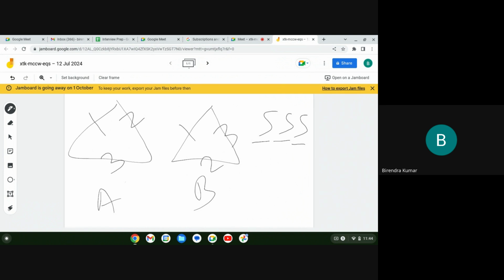If two triangles have matching pairs of sides, meaning one side in one triangle matches one side in another triangle, the second side in the first triangle matches another side in the second triangle, and the third one as well, then these two triangles are congruent, meaning each and every property will be matching.